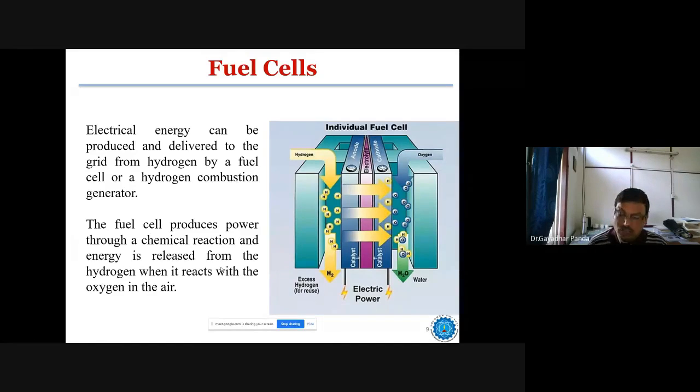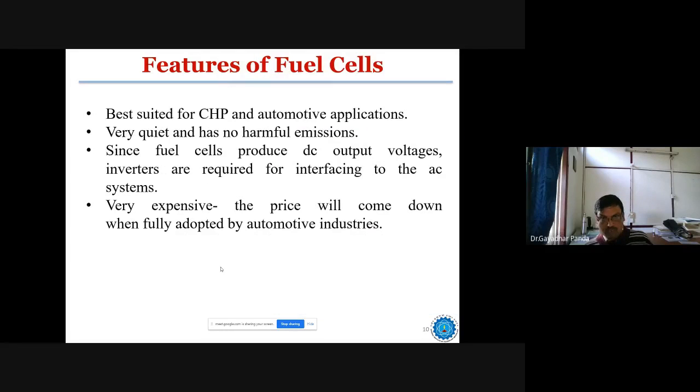And here the power is also DC. And in the same manner, you can go for the power electronics interfacing converters to interface with the utility grid. Since fuel cells produce DC output voltages, inverters are required for interfacing to the AC system. It is very expensive, as I told you, and you can use it for central heating power systems.